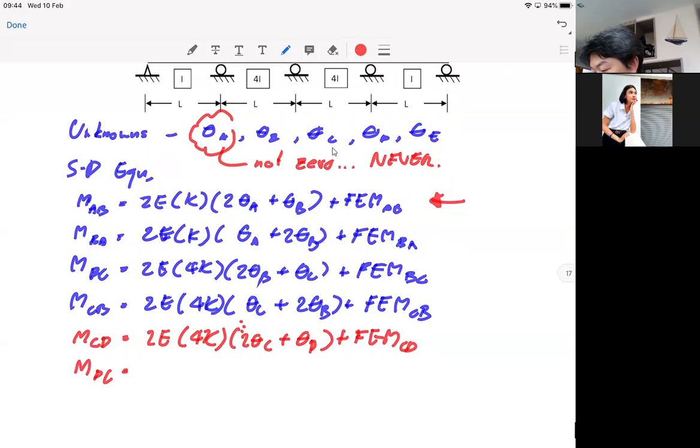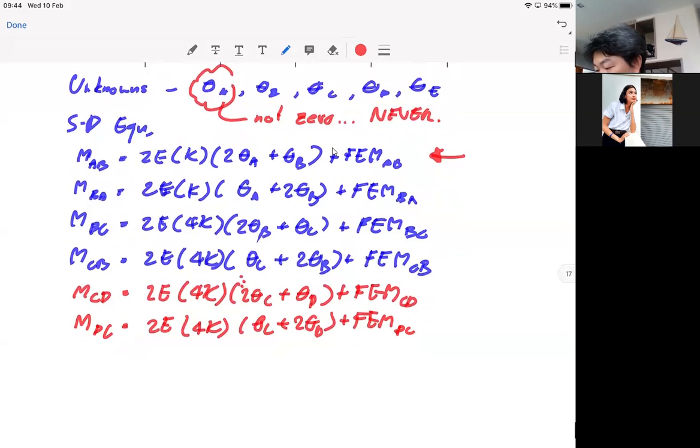Just make sure that you get everything covered, okay? This 4K and theta C plus 2 theta D plus FEMDC. Teacher, for MCB, is it 2 theta C? Yeah, right.